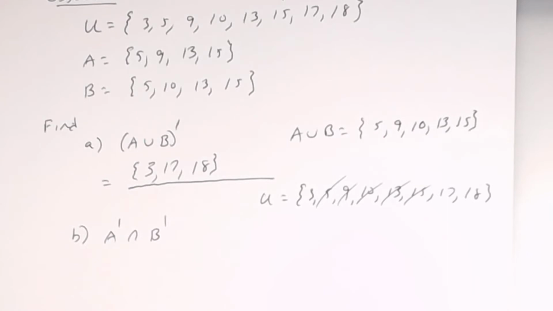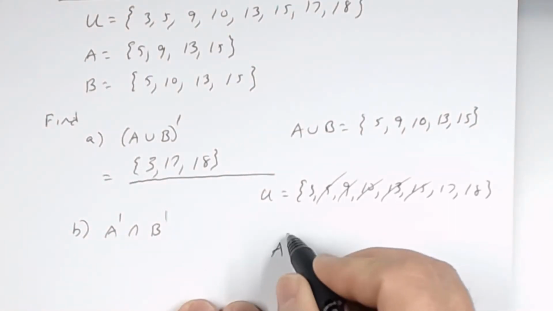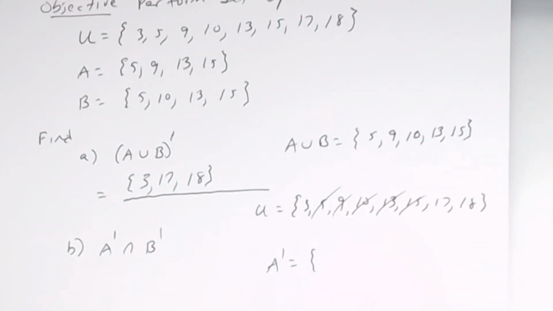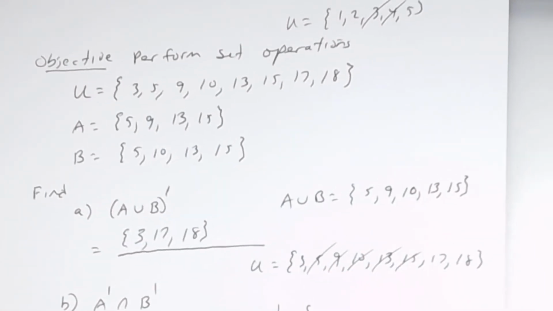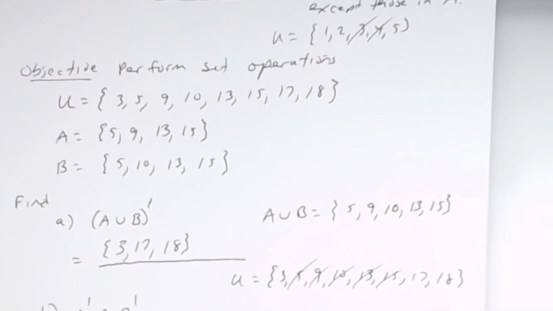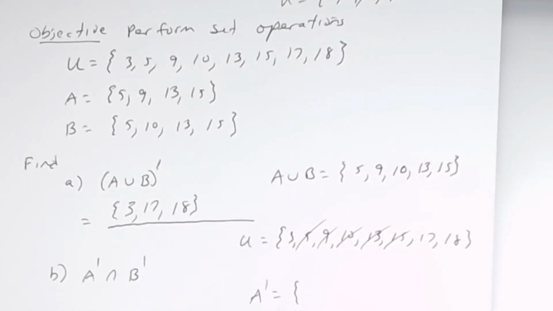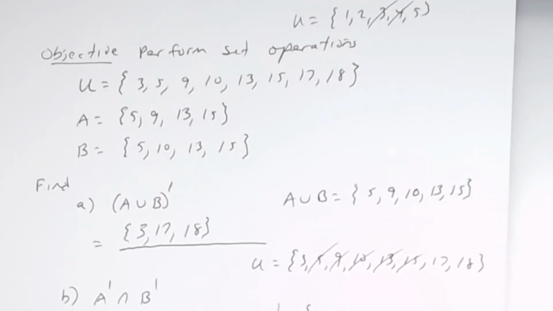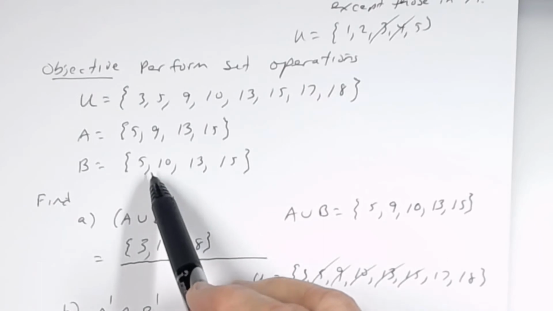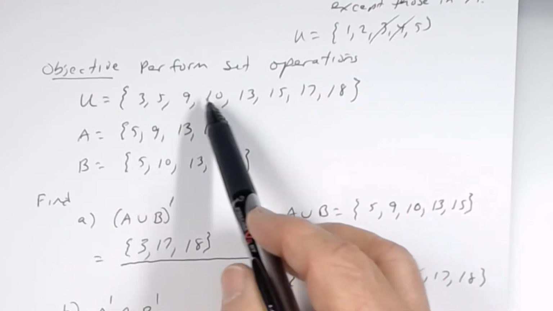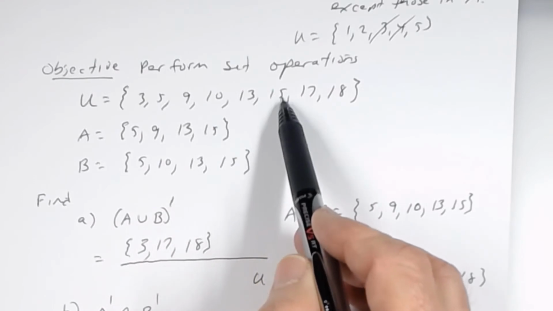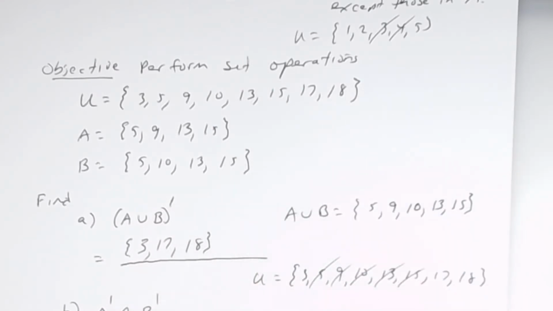So here's A complement, and I think you can all tell me what it is. If this is A right here, then what would be A complement? Tell me what you think it is. All right, so this is A. So you're going to take away 5, 9, 13, 15. So what is it? 3.